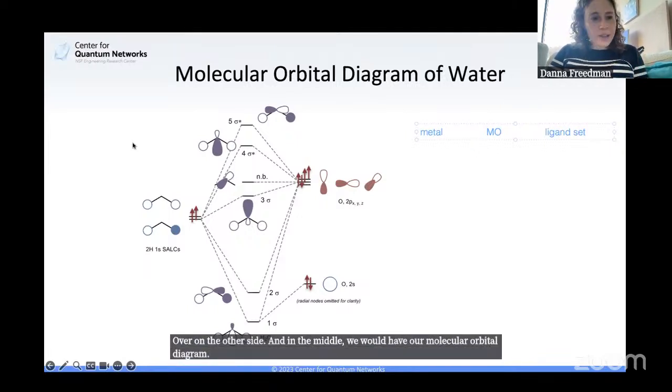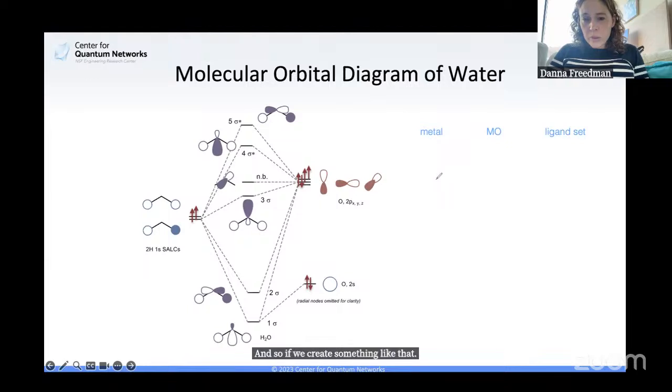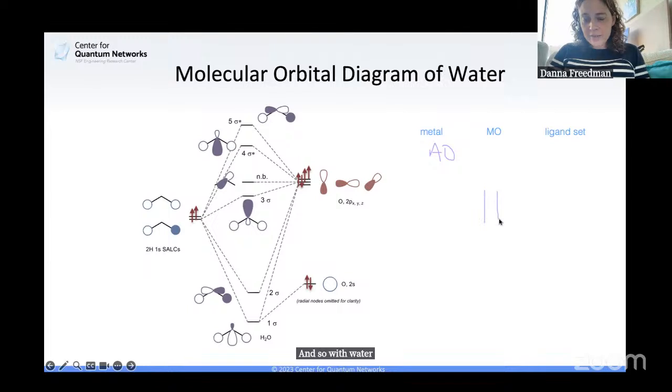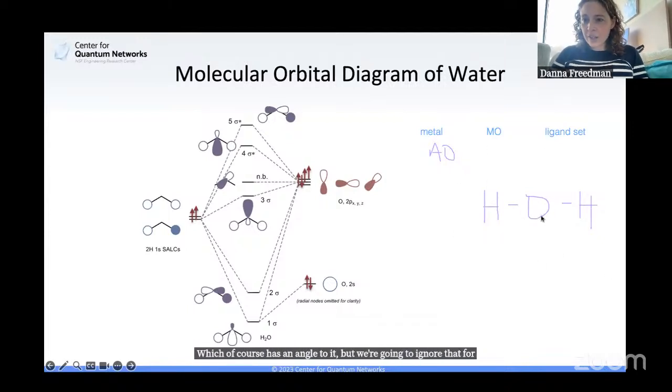If we create something like that, we'd have all of our atomic orbitals for our metals here, and then the ligand set we would design based on symmetry. Here we see an example of this with water, H2O, which of course has an angle to it, but we're going to ignore that for my stylized drawings.